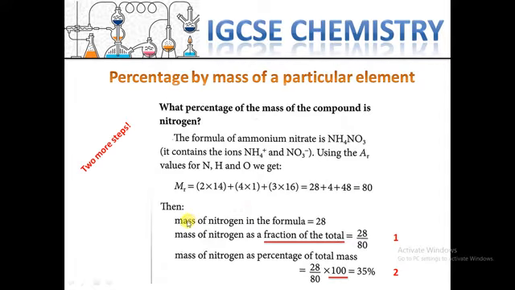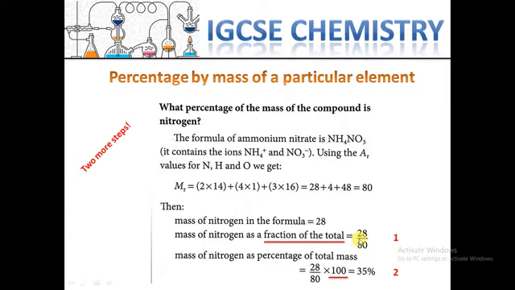Another step is to calculate only the nitrogen. Here we have two nitrogen, one here and another one here. The two nitrogen is 14 times 2, which is 28, and the total is 80.